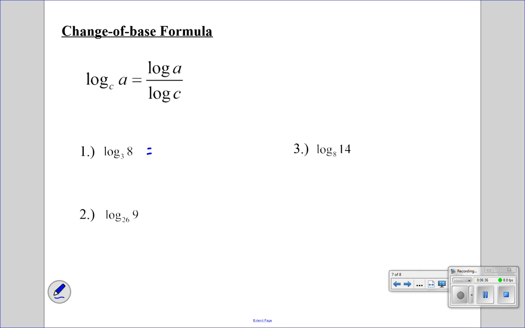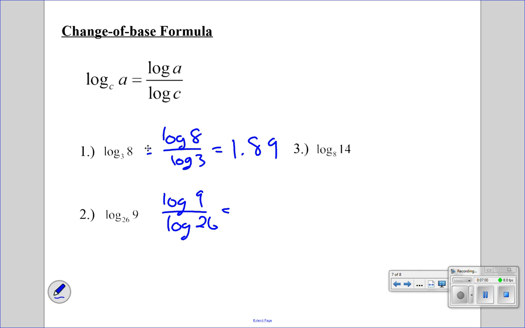So for number 1, this just becomes log of 8 over log of 3. And that's something that we can easily put in our calculators. And we get 1.89. Number 2 becomes log of 9 divided by log of 26.